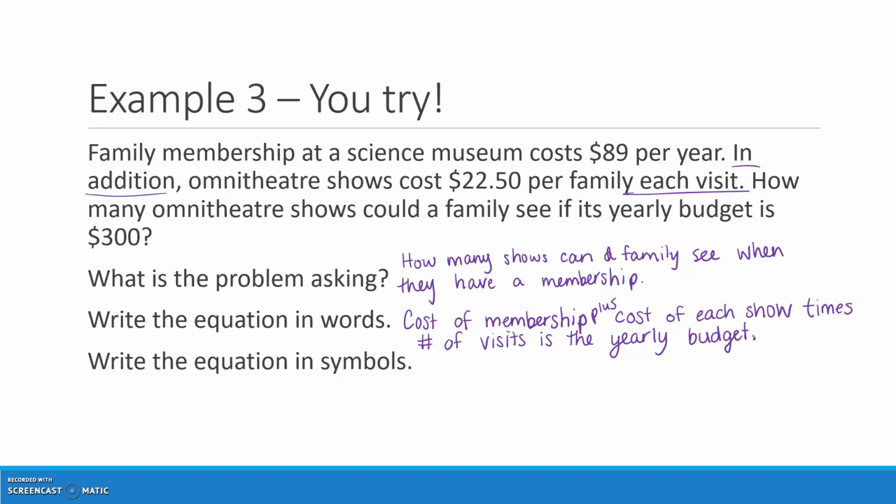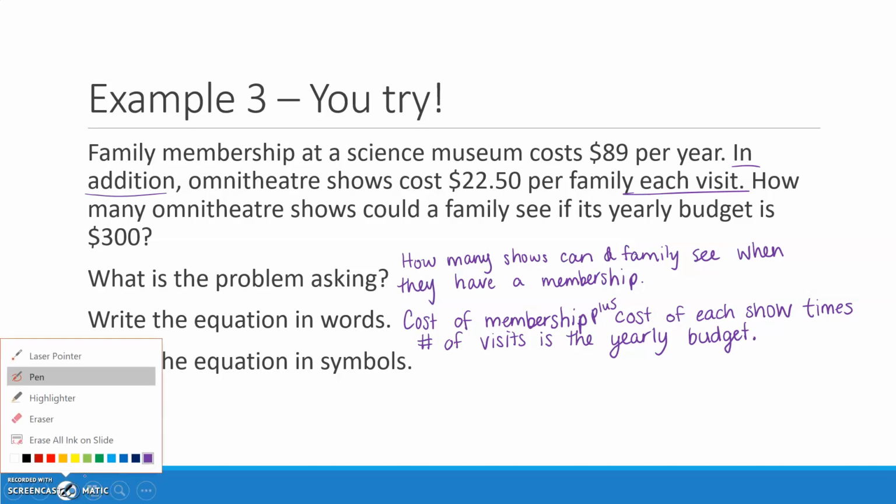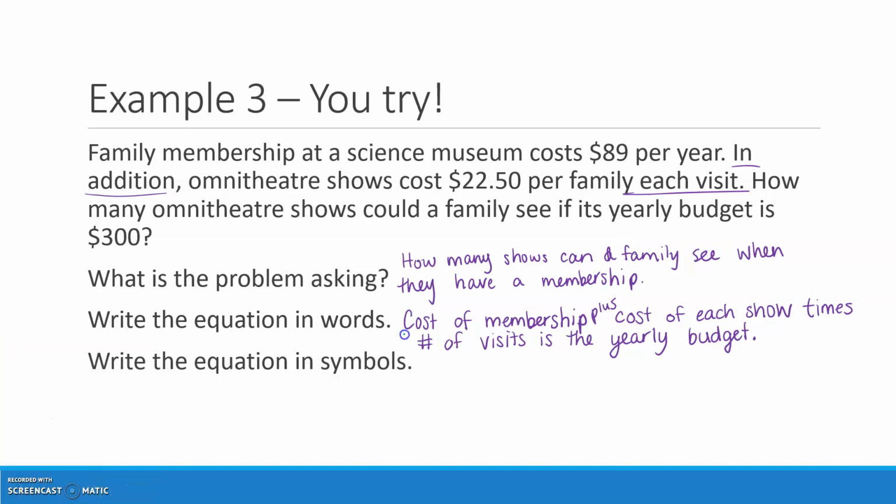All right, so that's a lot. That's more than the last one, but we're going to work through this bit by bit. So cost of membership. The cost of the membership is $89. And then it says, in addition, it's the cost of each show. The cost of each show is $22.50 times the number of visits.